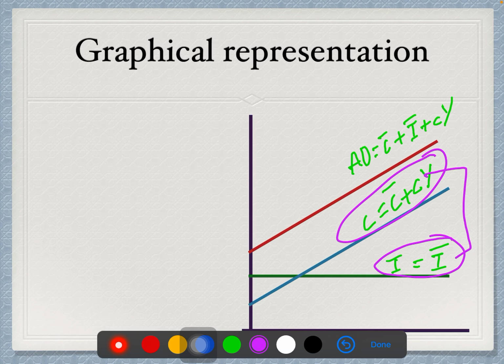The investment function is a straight horizontal line, parallel to the x-axis, which we studied in the previous video on the investment function topic. And in the consumption function, because income is increasing, consumption also increases, so we get a curve like this. By adding these two curves, we get the aggregate demand curve.